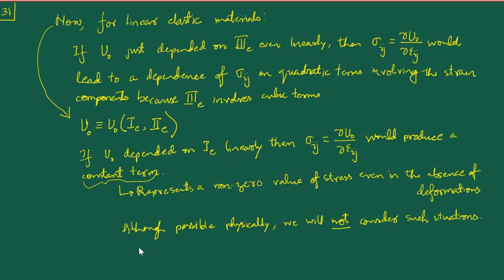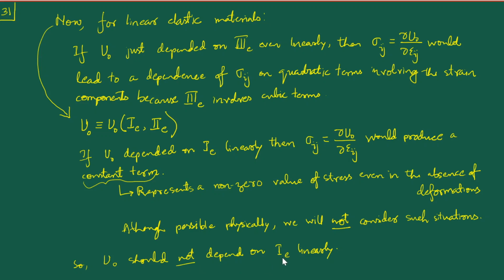So we must conclude that this u naught should not depend on IE linearly. This is very important to note. Please do not conclude that it should not depend on IE.